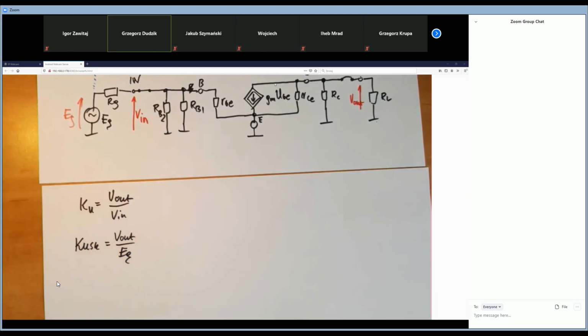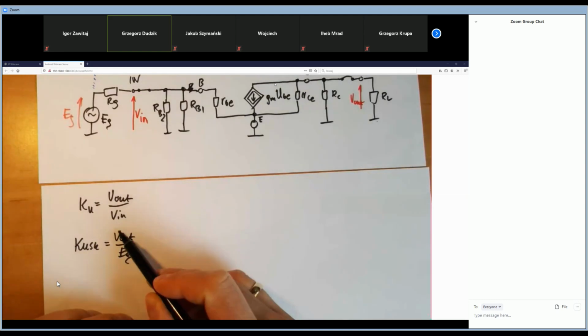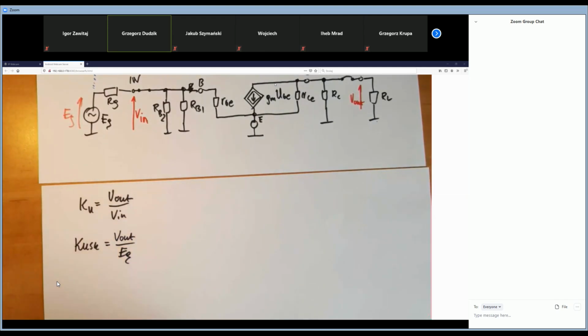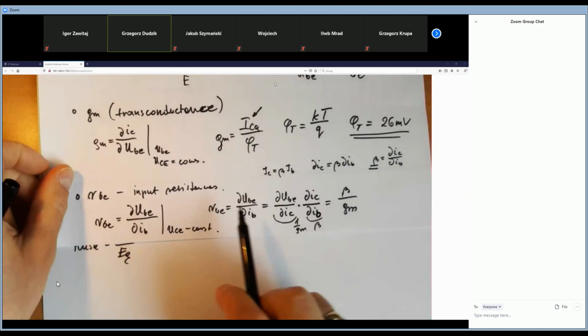So the question is, we have to change this formula, like previously when we talked about the parameters of, for example, the RBE resistance.